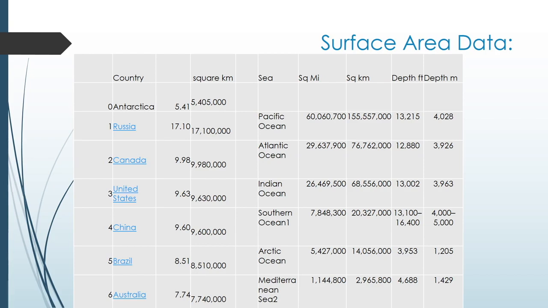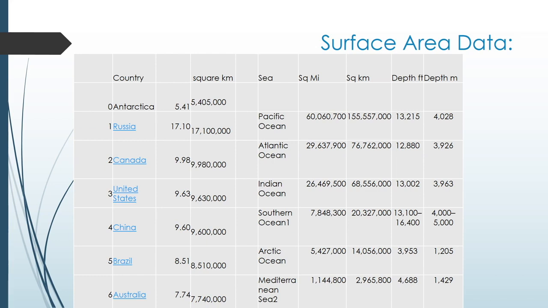So on the left side is country, including Antarctica. The 5.41 is in square kilometers. Then I have the data for square miles, so you can see each one of those numbers all the way down.